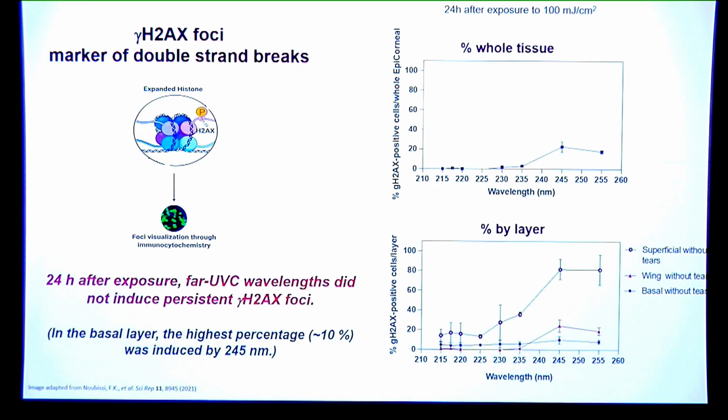So 24 hours after exposure, this far UVC wavelength will not induce persistent gamma H2AX foci. Let me point out again, those are 24 hours after irradiation. However, in the basal layer, the highest percentage, about 10% of gamma H2AX foci, was induced by the 245 nanometer.